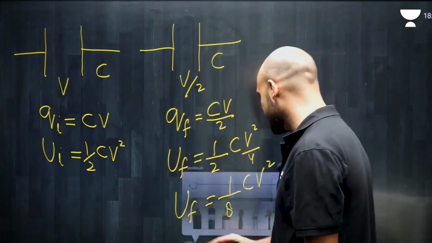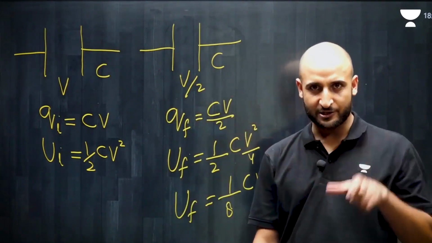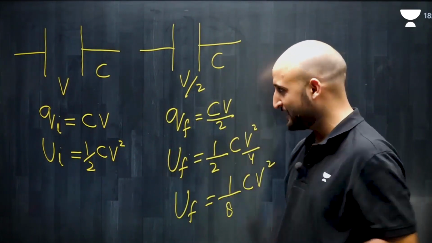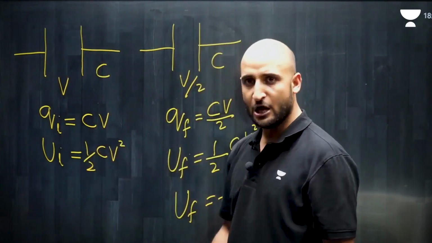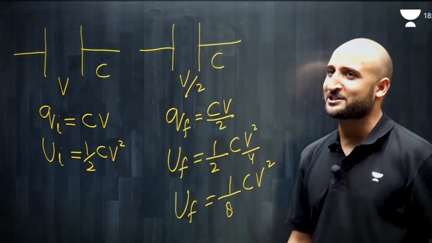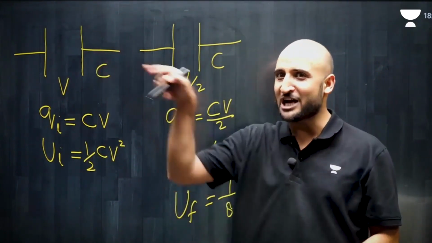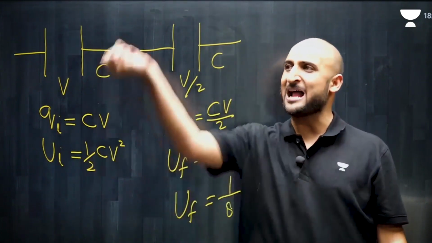Now, the first question which I'm asking: find the amount of charge that flows through the battery, right? Check here. What was the initial charge on the capacitor? That was CV. What is the final charge on the capacitor? That is CV by 2. In the previous case, the initial charge was 0, final charge was CV. So the charge has come from the battery, how much?